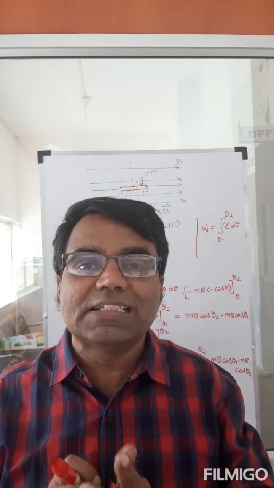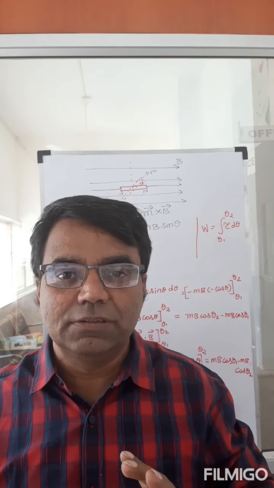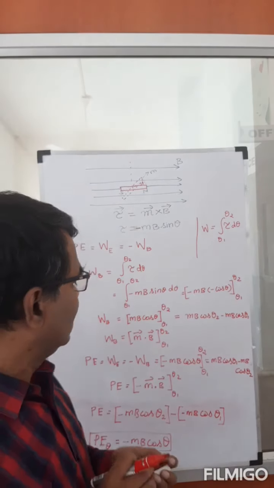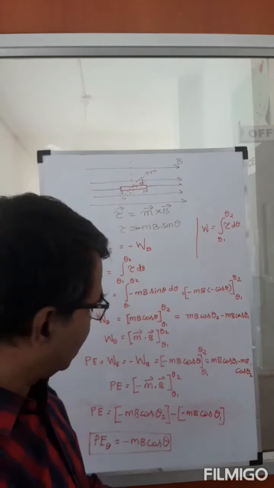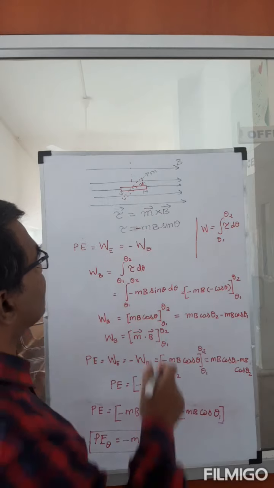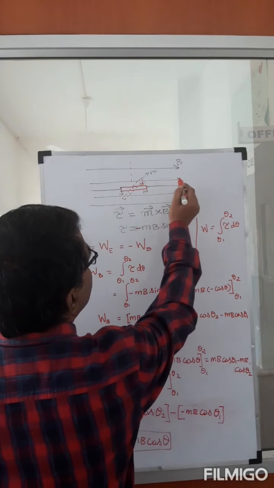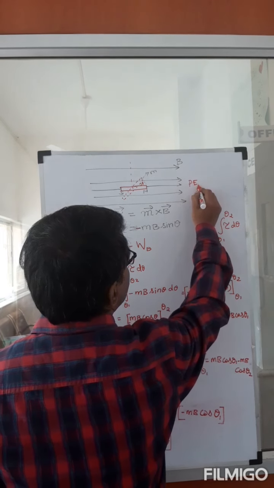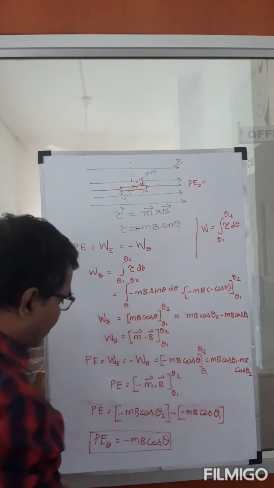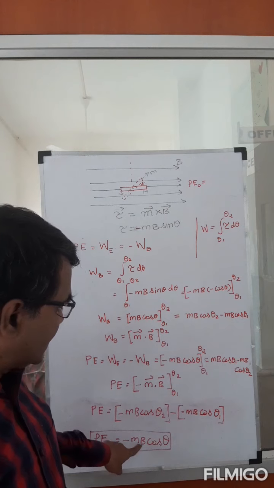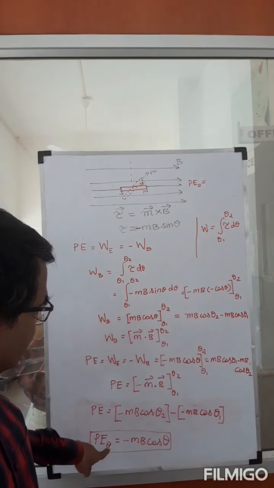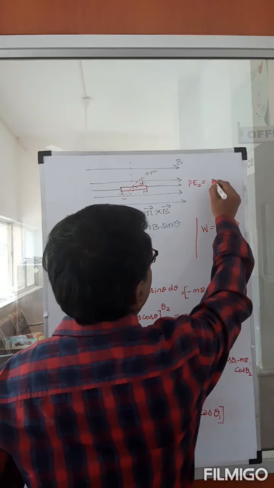So this is how I assign a number to the potential energy at an angle. If you are going to take this approach, let us see what is the potential energy at angle 0. At angle 0, potential energy is equal to minus mb cos 0. Cos 0 is 1, so the potential energy at angle 0 will be equal to minus mb.